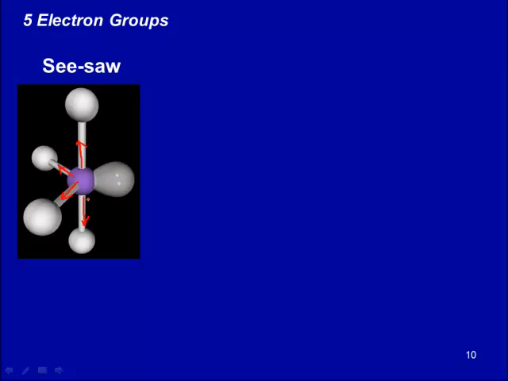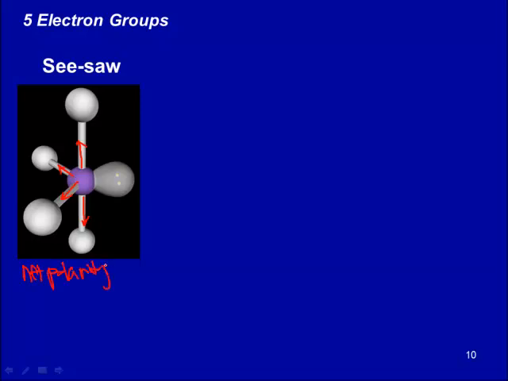So those 2 pretty much cancel each other out, and now those 2 are pulling everything towards the left, and now you have a net polarity.